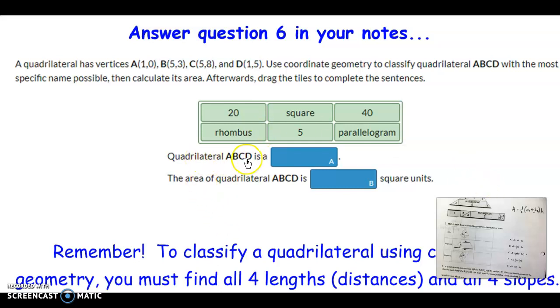Once you classify it, you're also going to find the area of that quadrilateral. So go ahead and pause the video here, calculate your distances and slopes, classify your quadrilateral, and find its area. And then you can restart the video to see how you did.